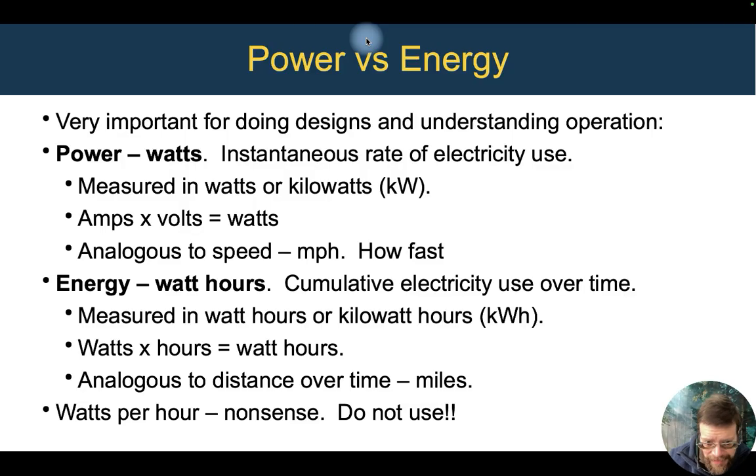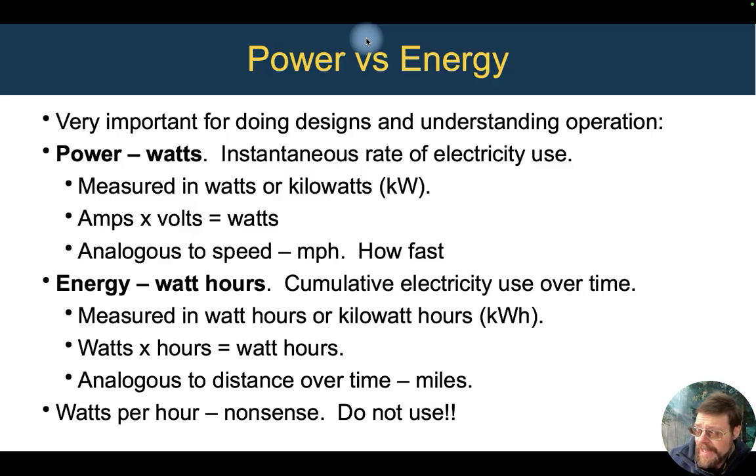That's where energy comes in. Energy is measured in watt hours or kilowatt hours, and it's the cumulative electricity use over time. Watts times the hours that those watts are being used equals watt hours. This is analogous to the distance we travel over time, the miles as opposed to the miles per hour.